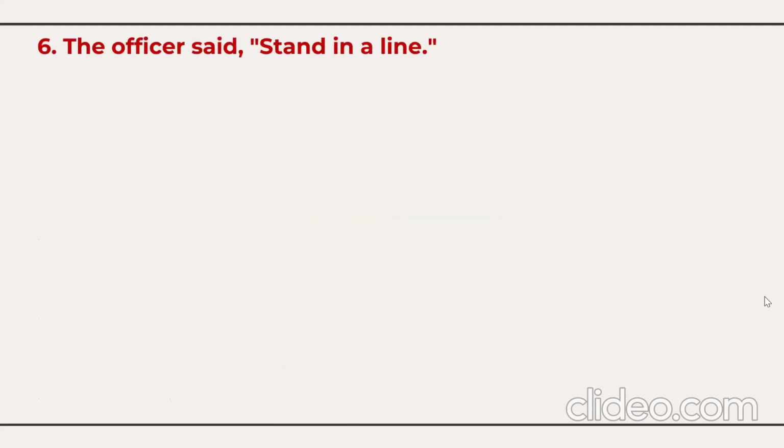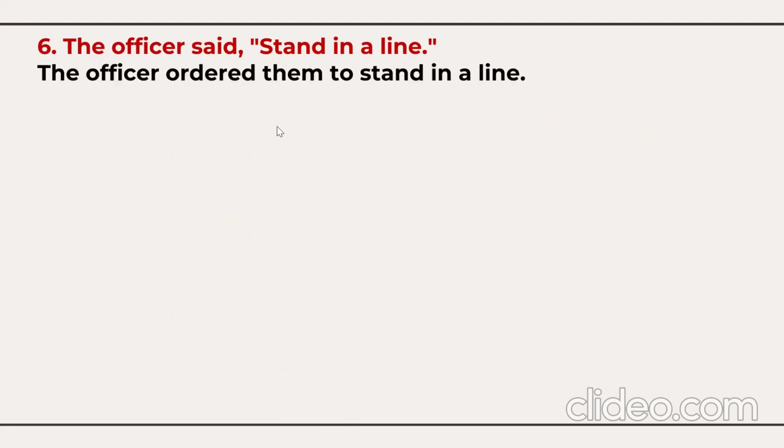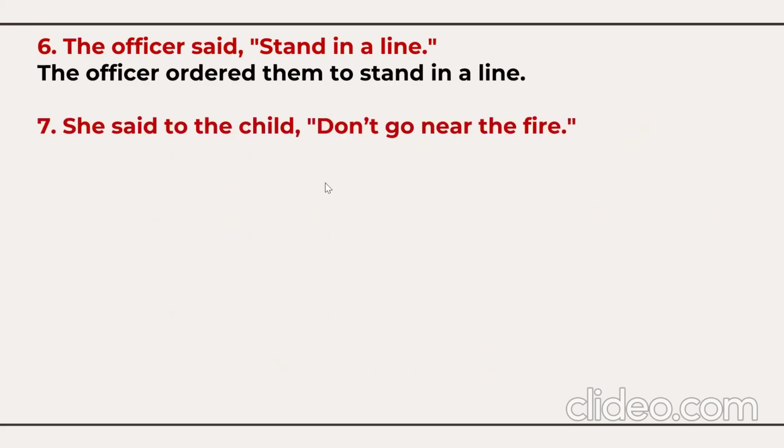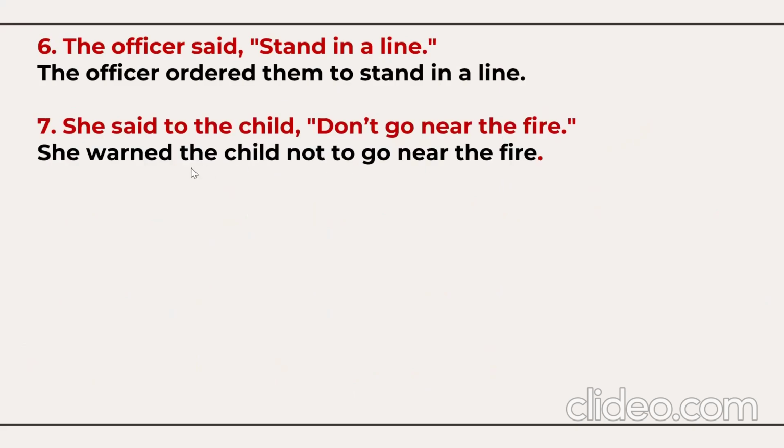Then the officer said, stand in a line. So it's again an instruction. The officer ordered them to stand in a line. She said to the child, don't go near the fire. She warned the child not to go near the fire. She told the child, she asked the child, she ordered the child, she warned the child, not order.